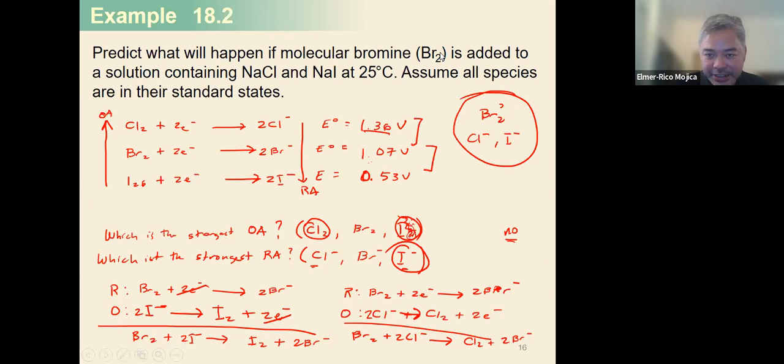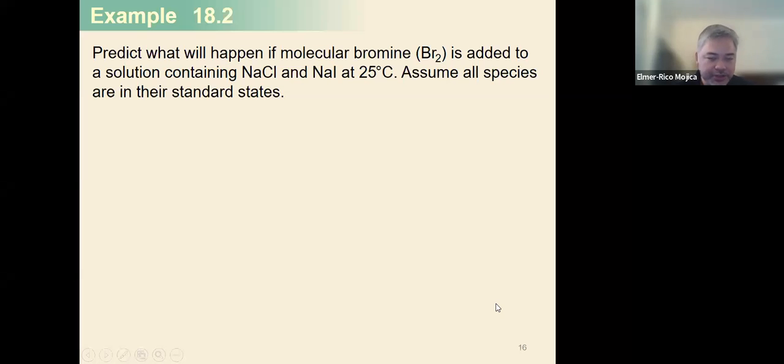So I'll try to clean up again. So I tried to clean up this thing again. So what we have here, you have 3 species.